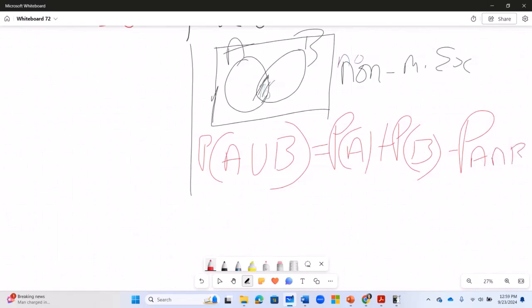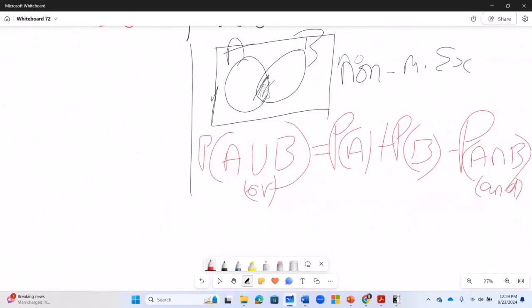Like I said before, anytime you see union, it is or, and or always means addition, and and means multiplication. When we are coming to that, and means multiplication.